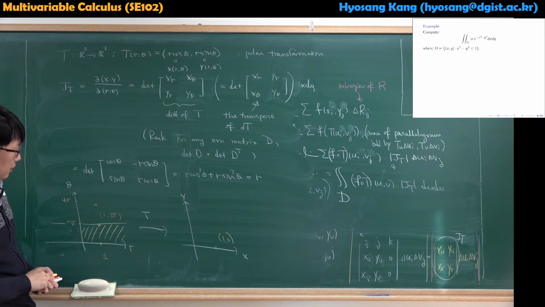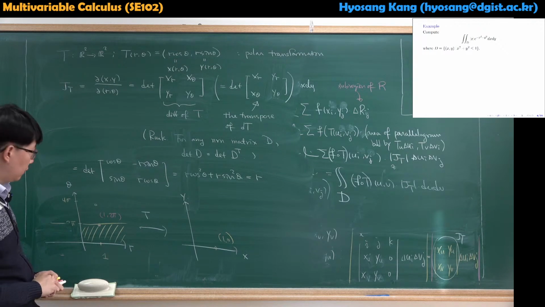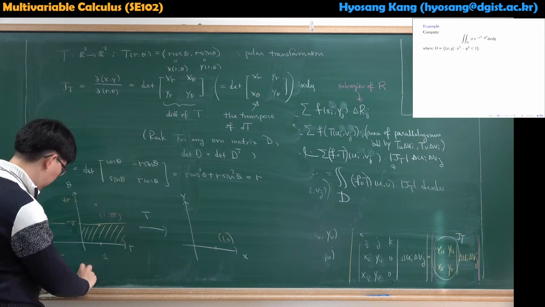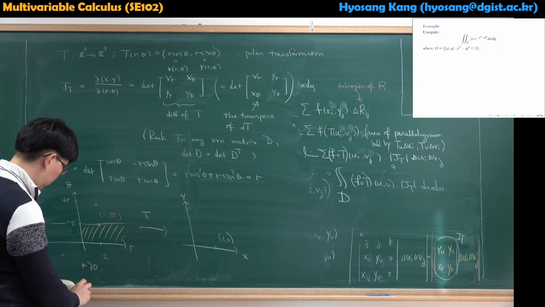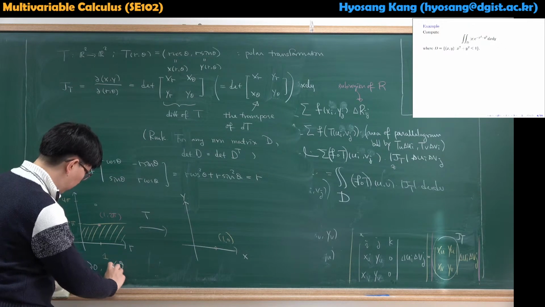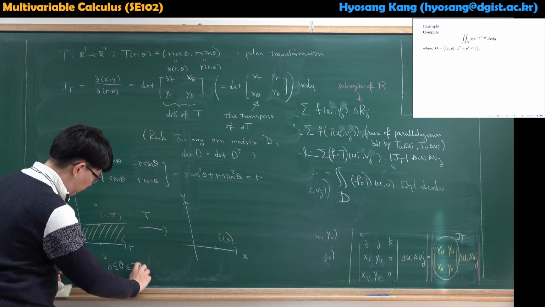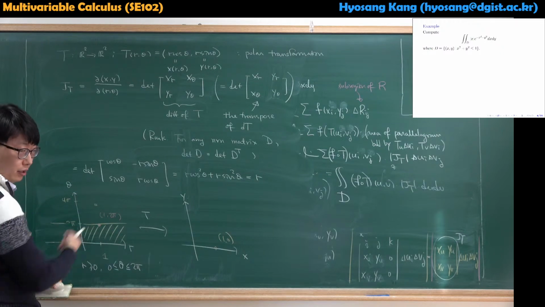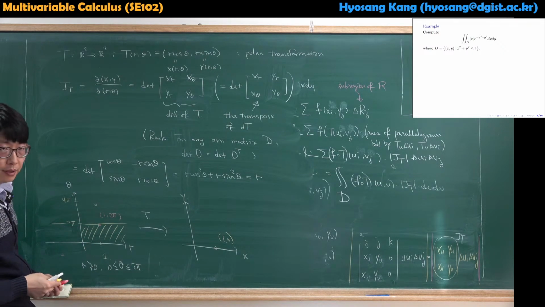And then here's the one question. If I take r bigger than 0, and also theta from 0 to 2 pi, does t give the one-to-one correspondence?